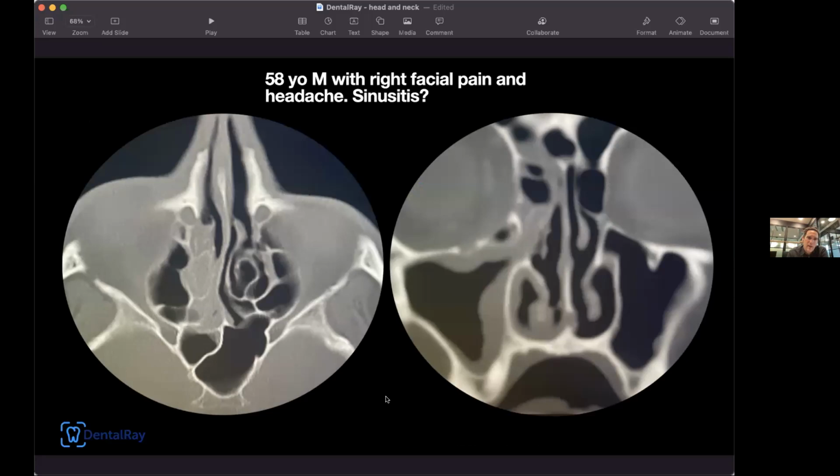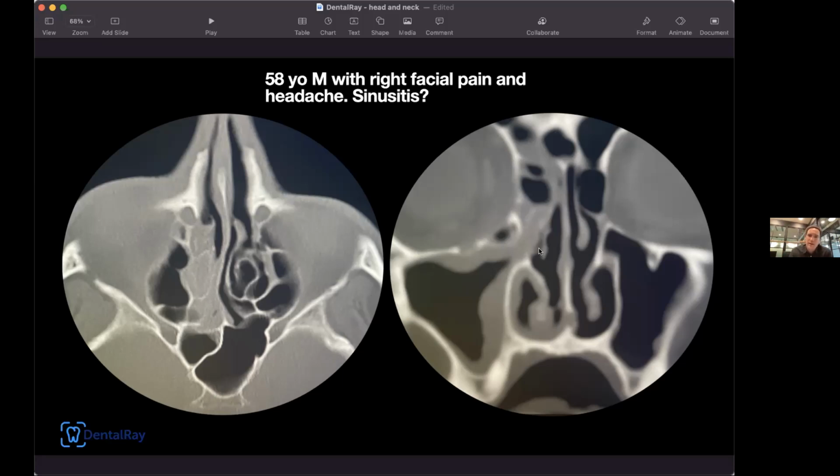This is a patient who came in with right-sided facial pain. As we've discussed a few times today, we'll often be evaluating the sinuses and see incidental sinus pathology when we're doing maxillofacial cone beam CT for dental purposes. And this is a patient who has, at first glance, what probably just seems like some moderate mucosal thickening along the maxillary sinus, extending up to the ethmoid air cells.